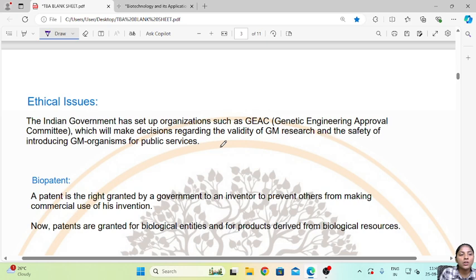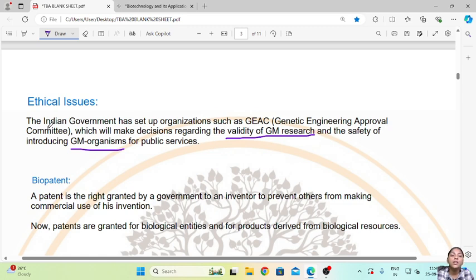Then talking about the ethical issues. The Indian government has set up organizations such as GEAC, that is Genetic Engineering Approval Committee, which will make decisions regarding the validity of GM research and the safety of introducing GM organisms for public services.